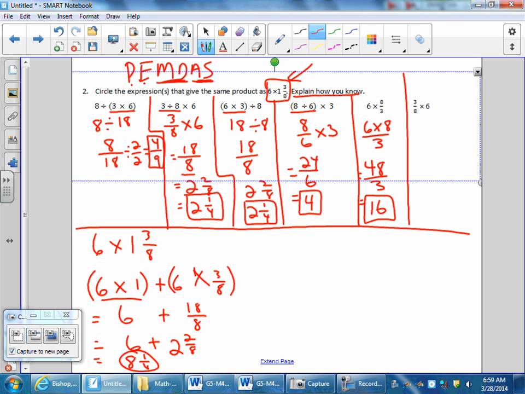Finally, same type of problem, whole number times fraction. Multiply my numerator times my whole number, divide by the denominator, which is equal to 18 over 8. 18 over 8, we've already solved in previous problems. 2 2/8, which is equal to 2 1/4 in simplest form.